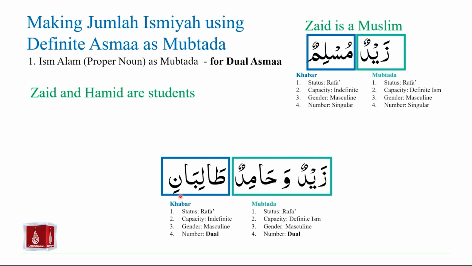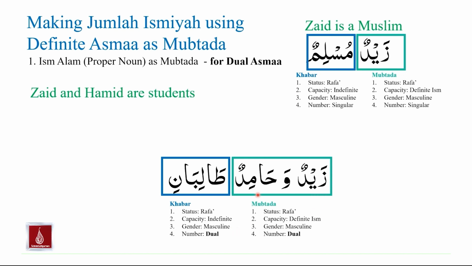So Talibani represents rafa status because of the ending sound of ani. Talibani is indefinite in capacity. So Talibani also meets the first two criteria for it to be khabar. Finally, Zaidun wa Hamidun both represent the dual ism and are masculine. Talibani also represents a dual ism and is masculine in gender.